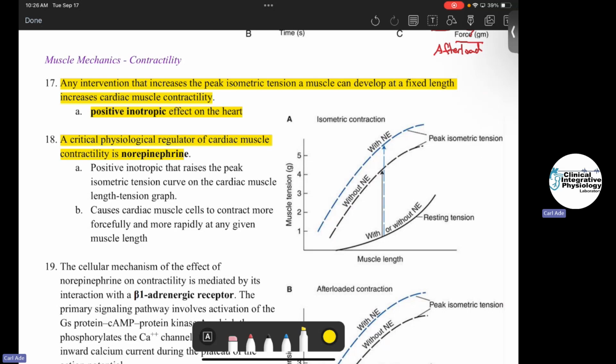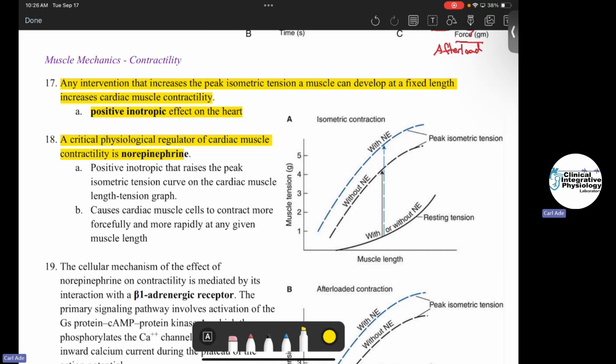One of the most common ways in which we can do this is with norepinephrine. Now, we're not going to get into the autonomic side of things in too much detail, but we've already mentioned in previous lectures that we release norepinephrine via sympathetic nerve fibers. That's going to increase heart rate. You probably, hopefully remember from 335 that as you progressively increase exercise intensity, you get greater sympathetic nerve activation.